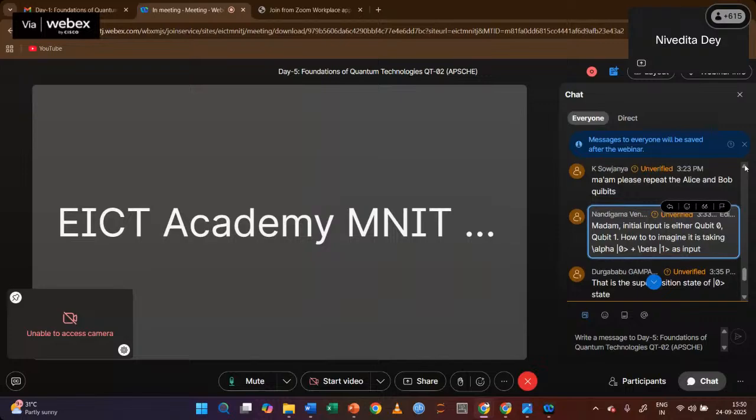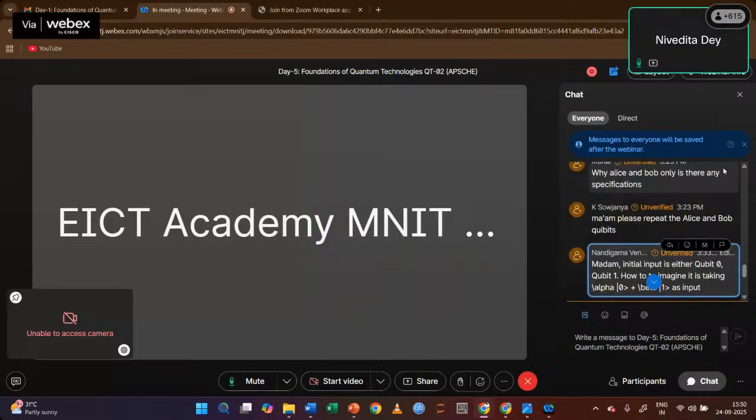Alice and Bob qubit, yes. Just remember the first qubit is the original state that we have. The second and third qubits are the entangled Bell pair. Alice has the first qubit, which holds the arbitrary state Alice wants to send to Bob. That means qubit number one is something on which Alice dedicatedly has access. Qubit numbers two and three are part of the entangled Bell pair, which we are sharing between Alice and Bob.